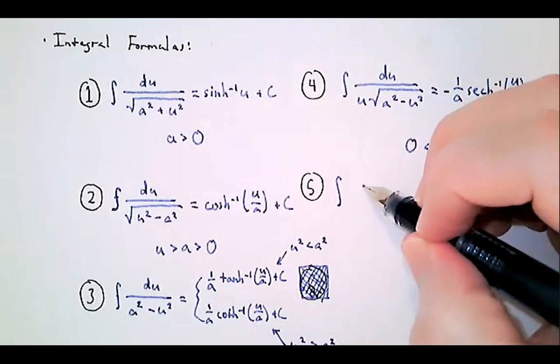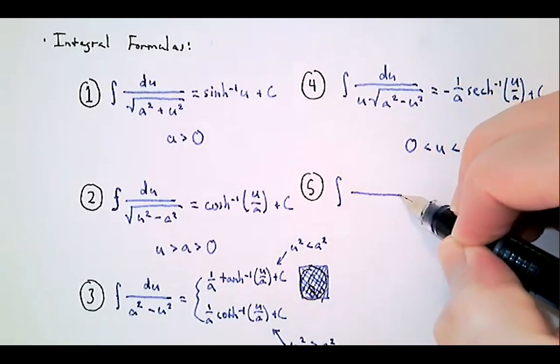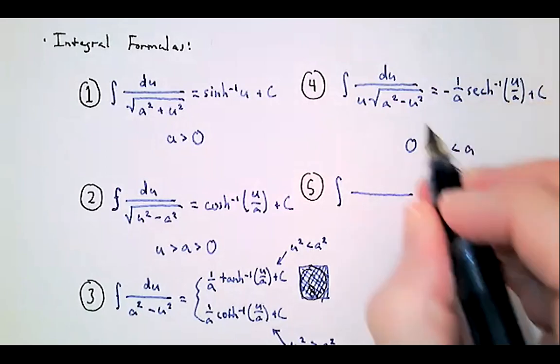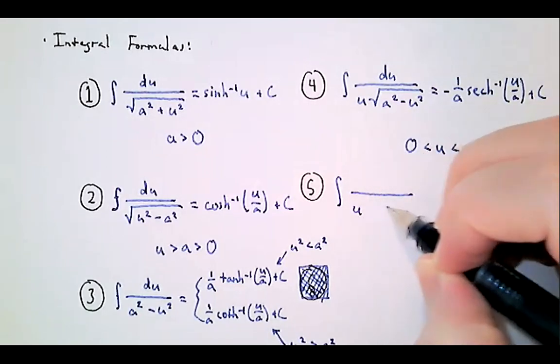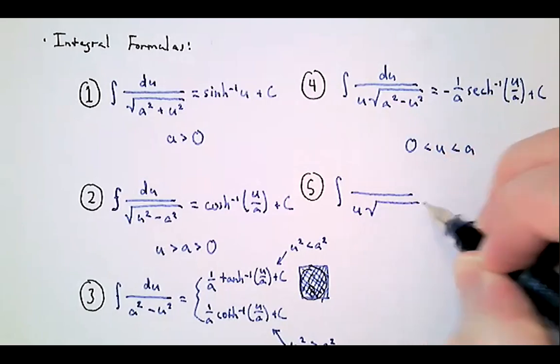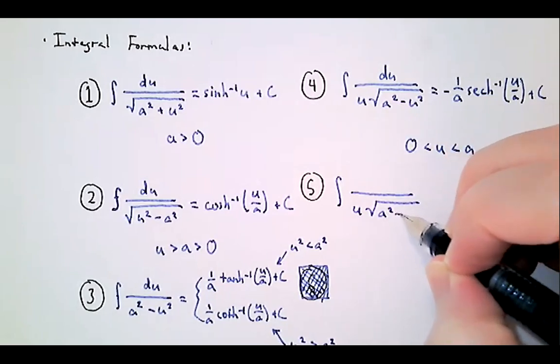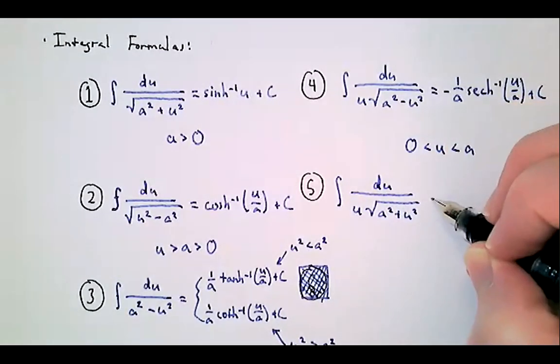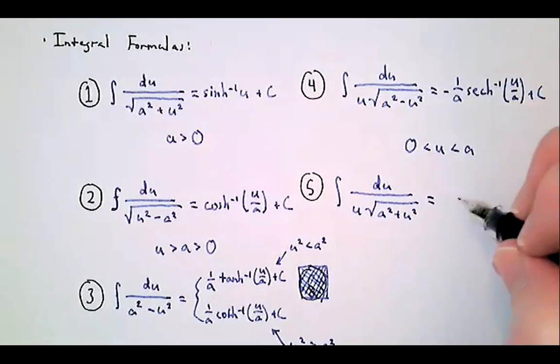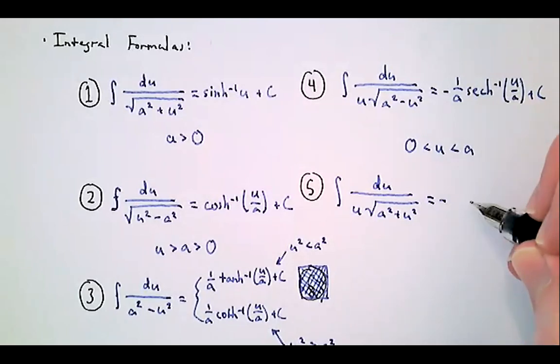And now the last rule, we'll put a plus sign in between a squared and u squared. And this one is the hyperbolic cosecant.